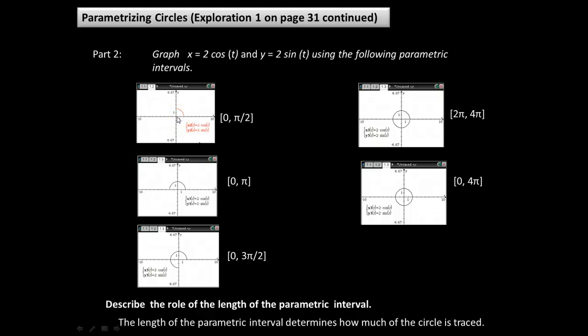Therefore, we only get 1/4 of the circle. So there you can see how the length of the t interval has to do not only with the portion of the circle we get, but also comes from the portion of the period of the sine and the cosine functions.